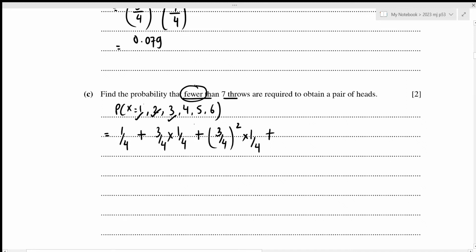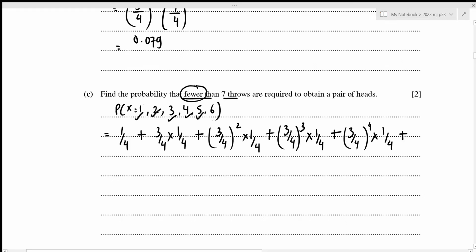Now for x equals 4, we did not obtain a pair of heads for the first 3 throws. So that will be 3 by 4 raised to the power of 3 multiplied by the probability of obtaining a pair of heads on the 4th throw, so 1 by 4. Then for x equals 5, that will be 3 by 4 raised to the power of 4, because we are not obtaining a pair of heads on the first 4 throws. Then we obtained a pair of heads on the 5th throw.